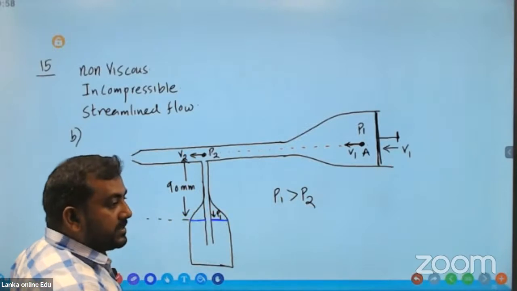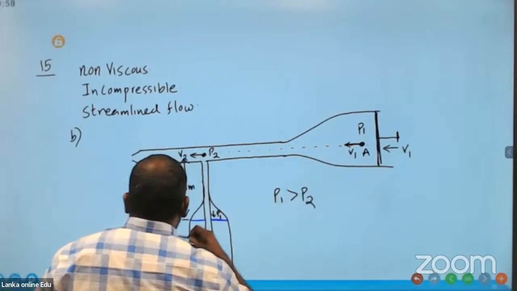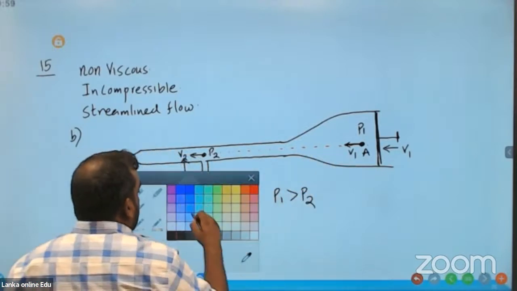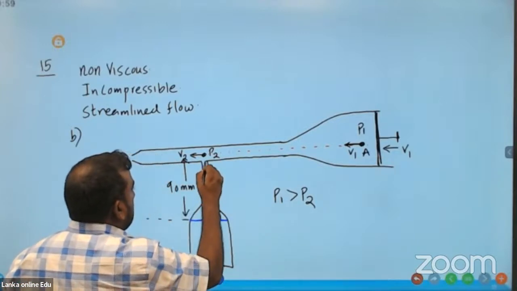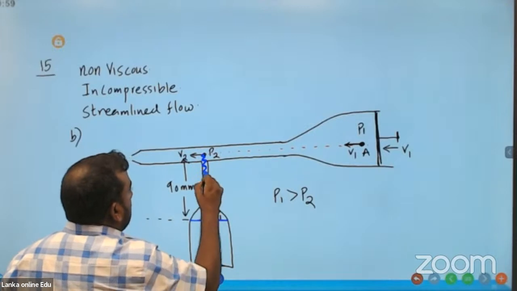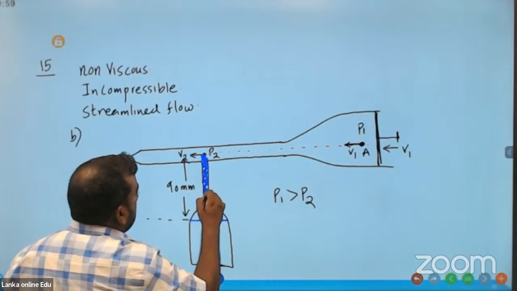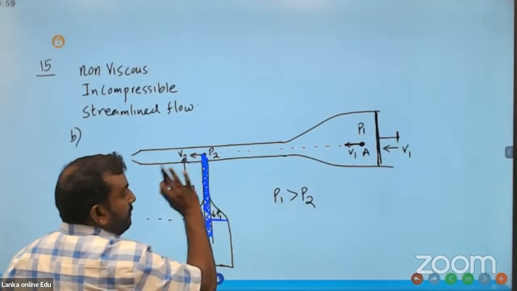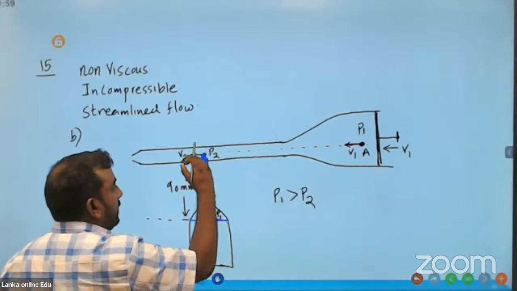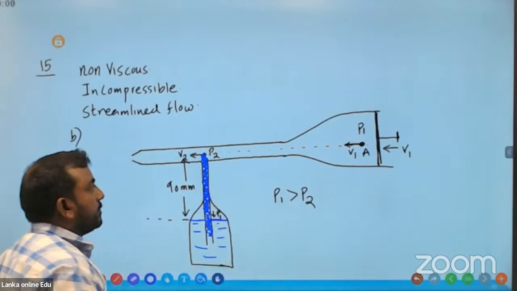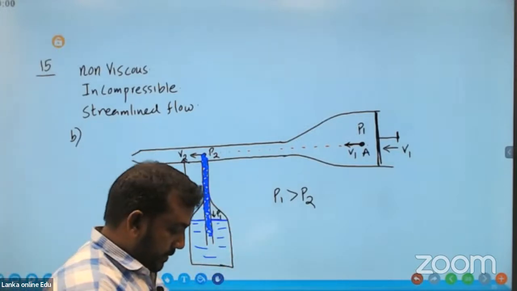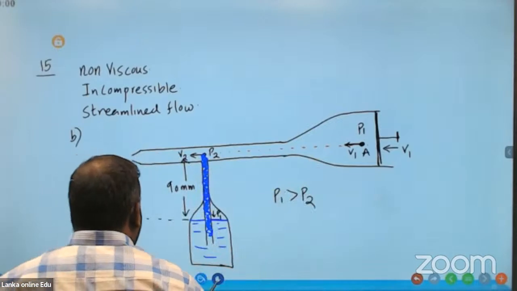Inside pressure is the same as the pressure there, and it is large. When inside pressure is large, the liquid will rise and then start to mix. The mixing part we can't apply, but the rising part we can. So they want you to find the speed there. Let's work.